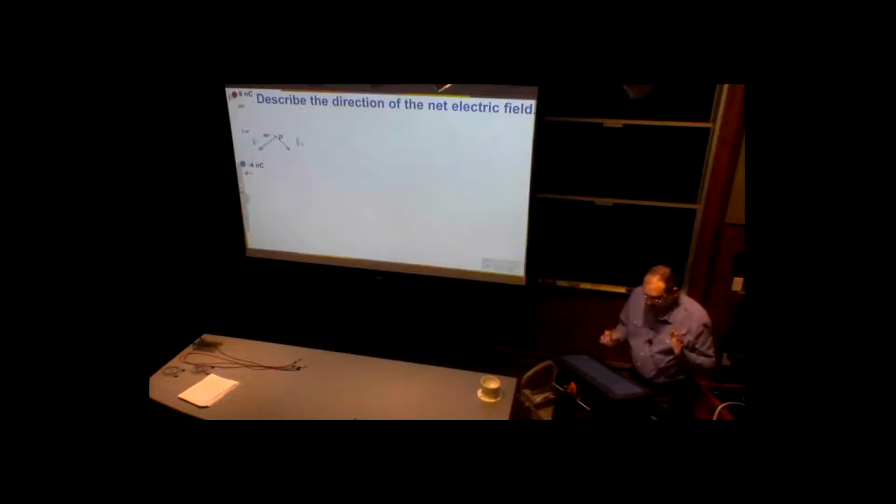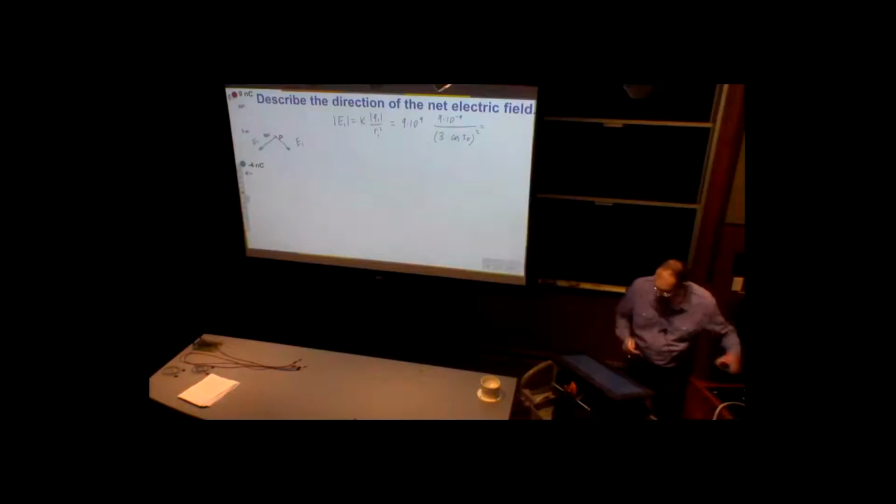Now, just again, to refresh the equation for the electric field generated by a single charge, this is how we can calculate it, right? For the electric field, the constant is the same. The charge is 9 times 10 to the negative 9, nanocoulombs, and the distance is, again, 3 times cosine 30 squared.